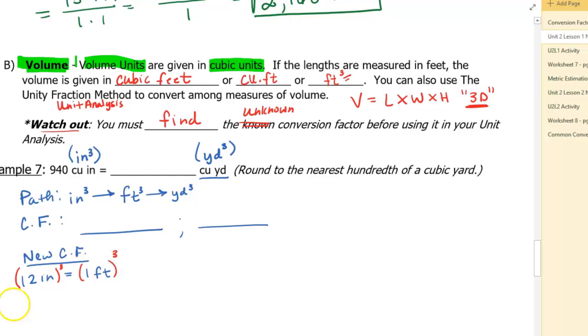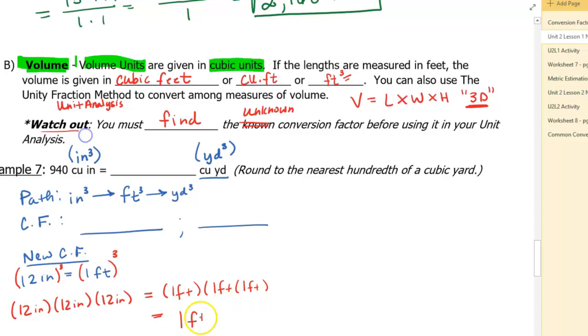So we have 12 inches times 12 inches times 12 inches, which is equal to 1 foot times 1 foot times 1 foot. 1 times 1 times 1 is still 1, so that's 1 cubic foot.